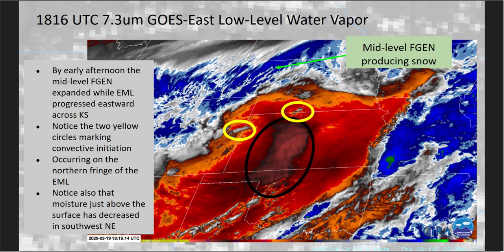I will say at this time, Imperial, which is down in the far southwest corner of Nebraska, was in the low to mid-40s, overcast and seeing drizzle, with dew points also in the low to mid-40s. So very moist, very low levels at that time as well.